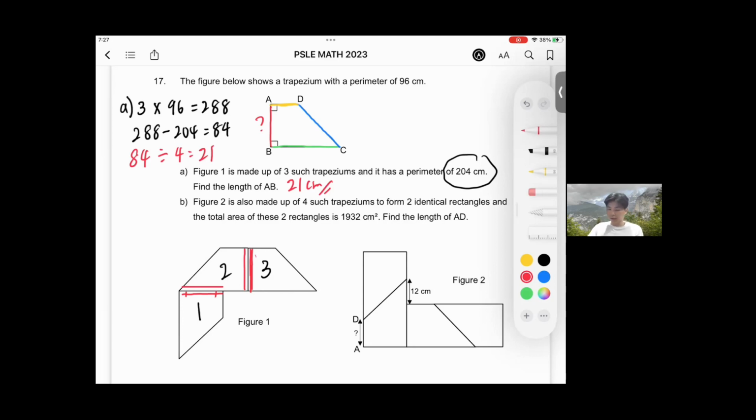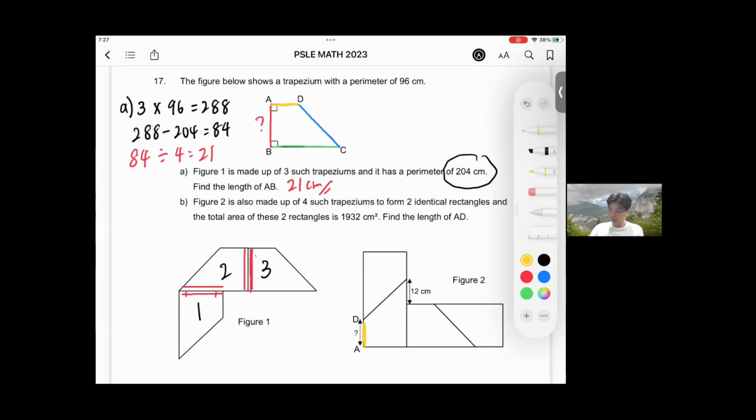Moving on to part B, figure 2 is also made up of 4 such trapeziums to form 2 identical rectangles, and the total area of these 2 rectangles is 1,932 square centimeters. Your task is to find the length of AD, and AD is actually over here. So AD is the shorter of the 2 parallel lines.